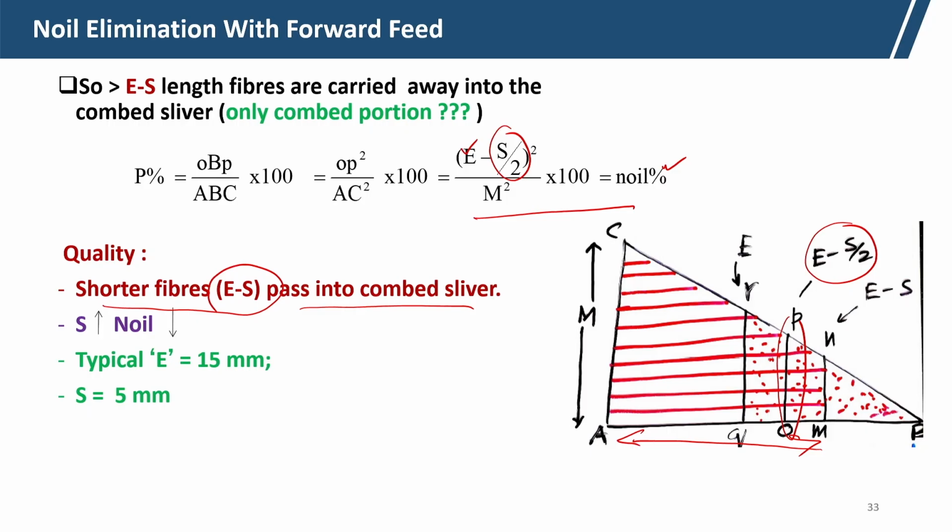So, if we increase the feed length, the Noil percent reduces. Typical value of E is around 50 mm, and the feed length is typically around 5 to 6 mm.